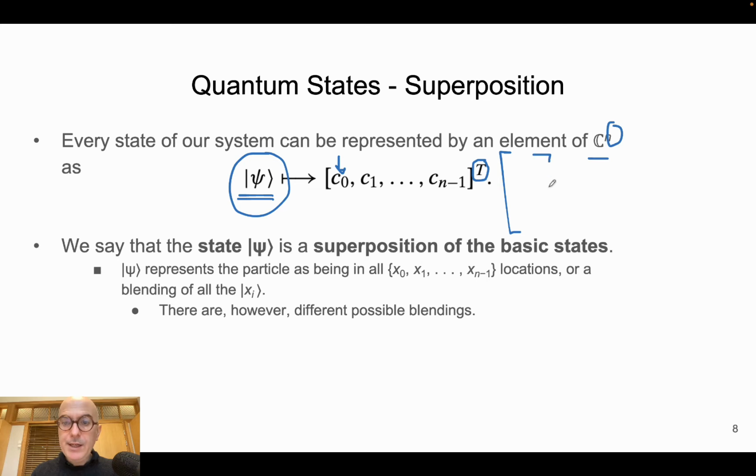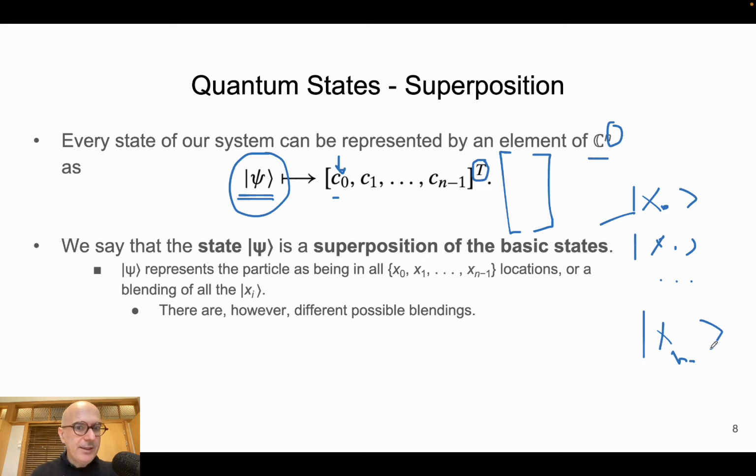And each element of this vector is a complex number. We say that our state psi is a superposition of the basic states. What are the basic states? Well, the basic states are the ket x0, ket x1, and so on until ket xn minus 1. Those are the basic states.